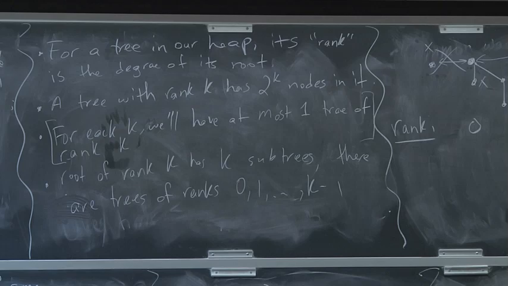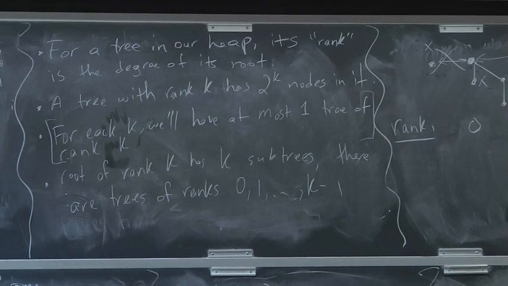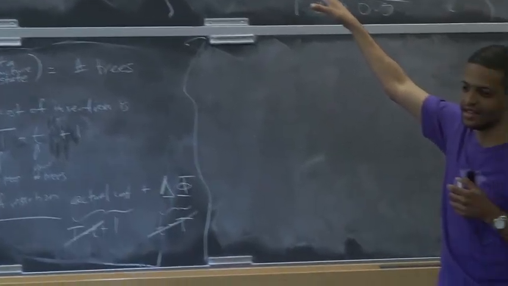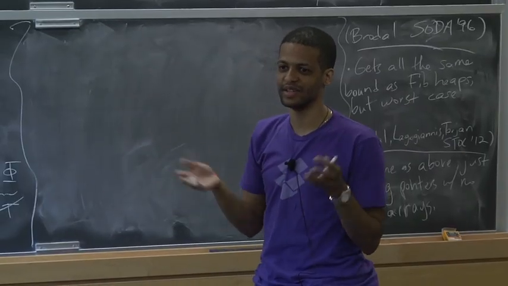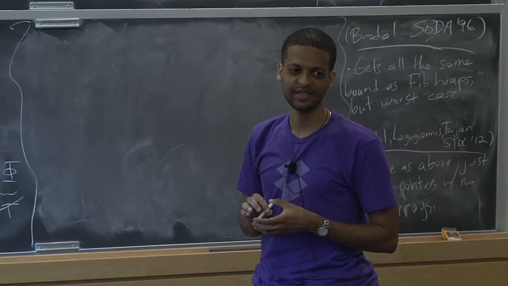The only reason we do this merging is so that the other operations are faster, for example a delete min. So why don't we just make the delete min do all the work? There'll be lots of trees in this top linked list, and when the delete min comes along, it will consolidate everything when it gets called. The insertion doesn't have to do it.